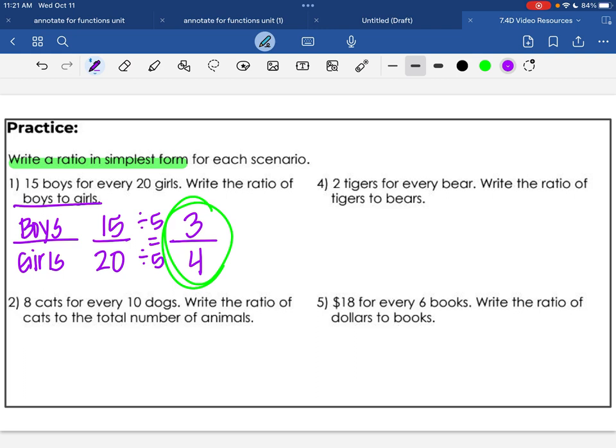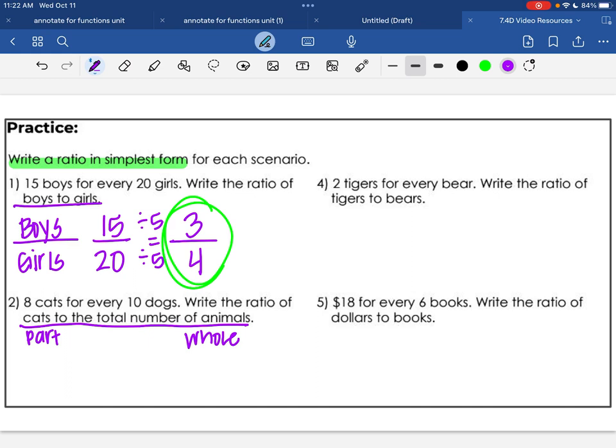For the second one, it tells us that 8 cats for every 10 dogs. And we want to write the ratio of cats to the total number of animals. And I'm going to underline this because it's important that they said cats to the total number, because this is a part to a whole comparison. Now, the first example, we were comparing boys to girls, so we were comparing a part to a part.